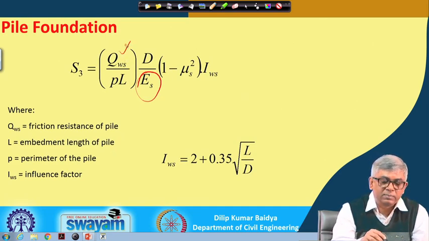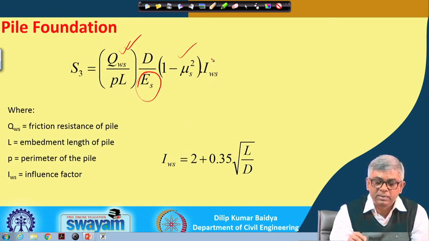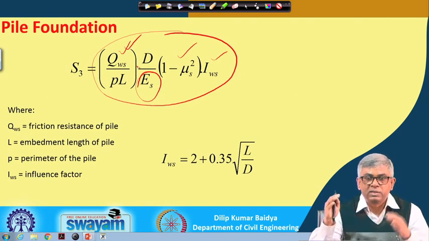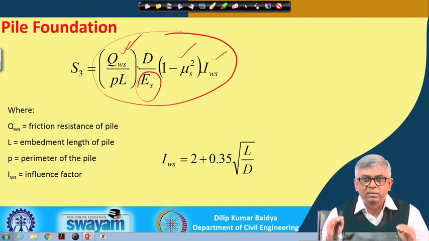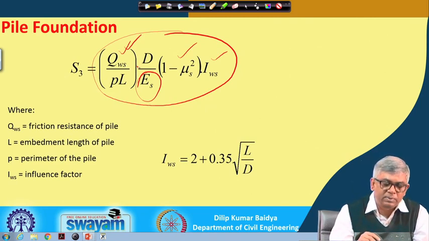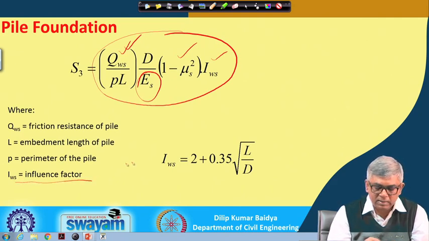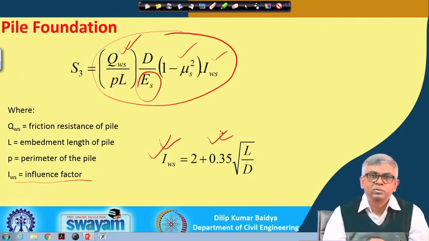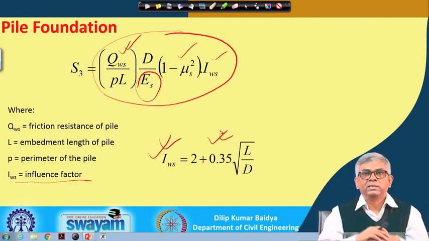So Qws is the frictional force, S3 equals Qws p L by Es (1 minus mu squared) Iws, this is another component. Because of the friction the side soil also will compress, so this third part is taken, and L is the embedment length and p is the perimeter of the pile, and Iws is the influence factor, which can be calculated by this equation.